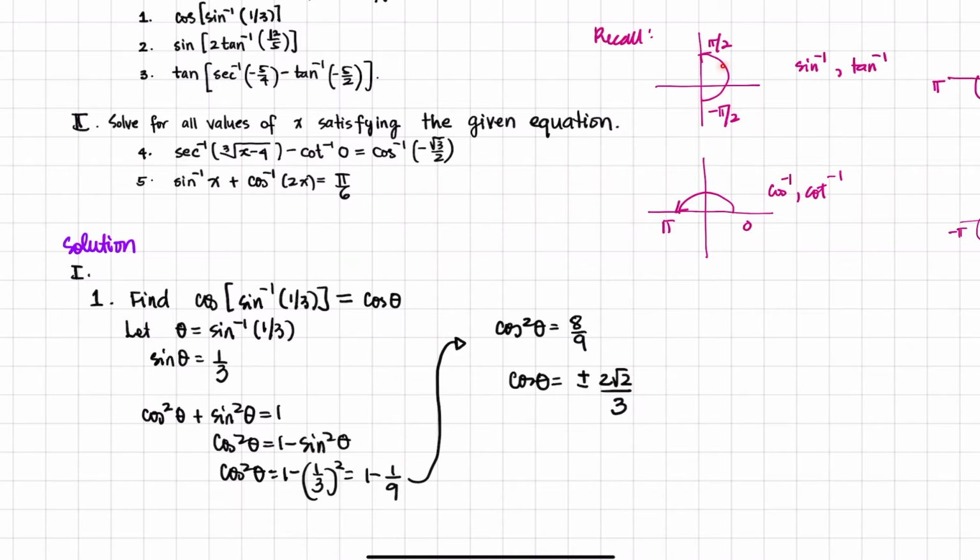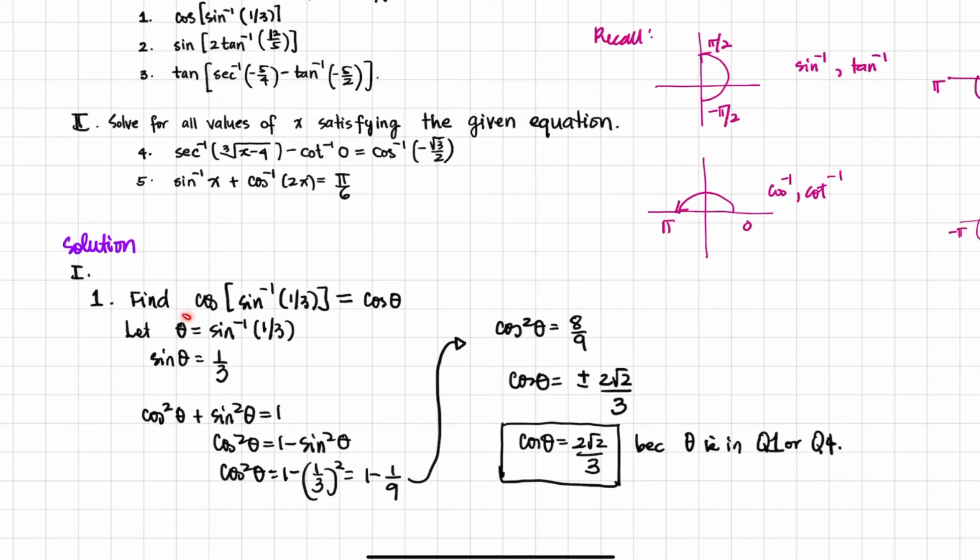So in quadrant 1 or quadrant 4, cosine is positive. So cosine theta is 2 square root of 2 over 3 because theta is in quadrant 1 or quadrant 4. So ganun lang yun.